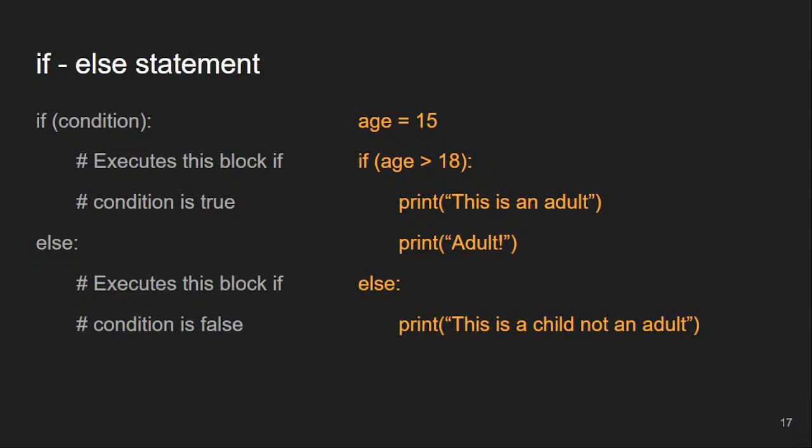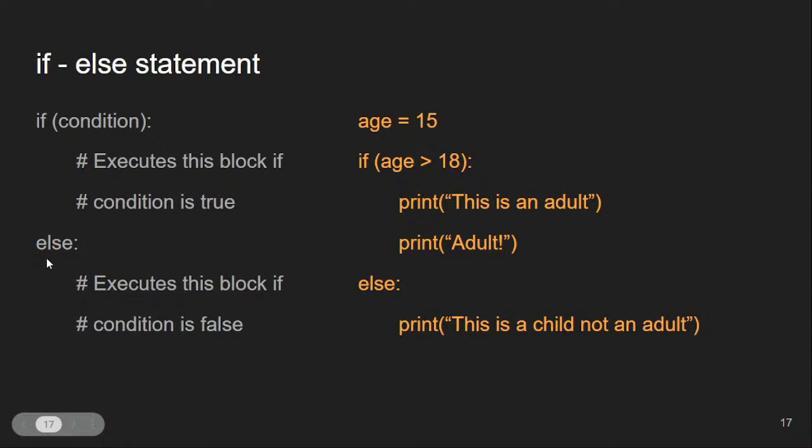Now the if and else statements. This is the structure. You have the if keyword, then your condition, then your colon, and in the block you put your statements. Then you have the else keyword, with its own colon and then a block of code.